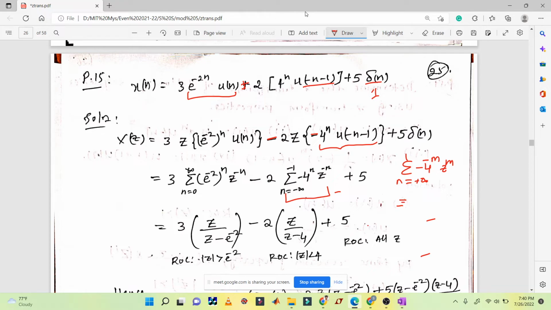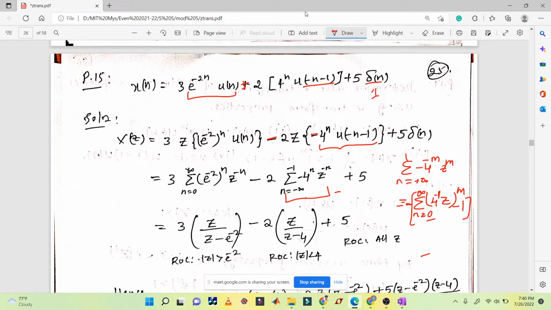So this is again n equal to 0 to infinity, let it be minus outside, 4 to the power minus 1 z to the power m, minus 1 here.